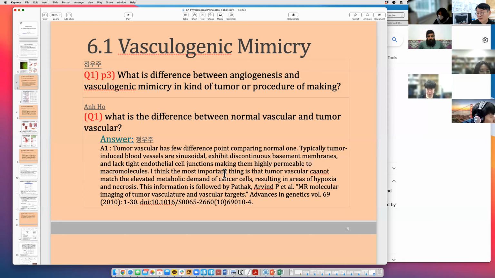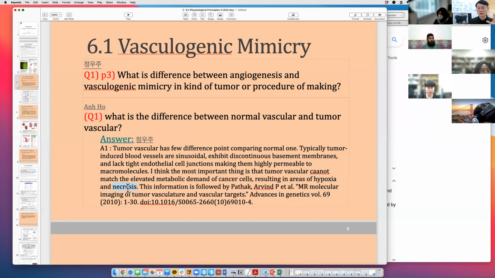Let me see. Yeah, I think most resulting areas of hypoxia and necrosis. So while we have another whole week of tumor session, this is already kind of alluding to that, hypoxia and necrosis. What it means is, in a tumor, which is of course an abnormal organ-like structure in our body, they suffer from abnormal blood vessels, which make a local hypoxia, meaning a lack of oxygen, because the blood vessels are abnormal and not functional very well.